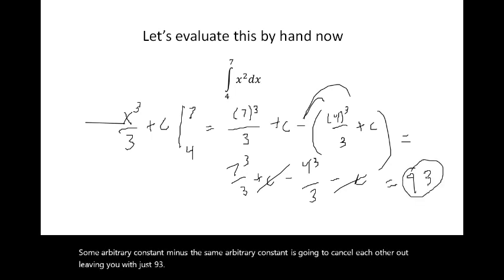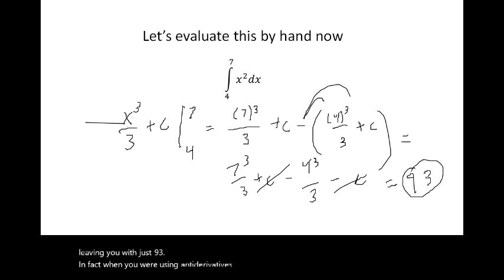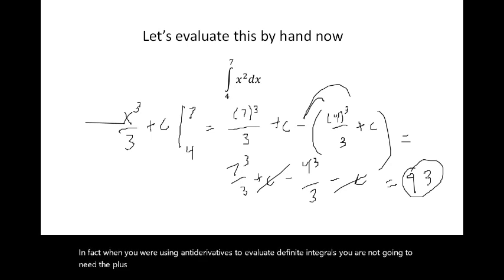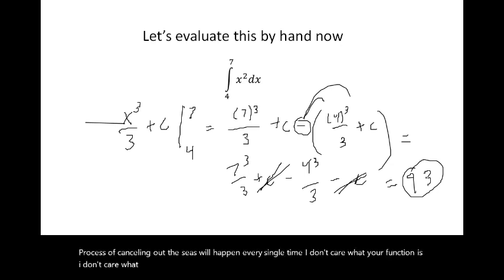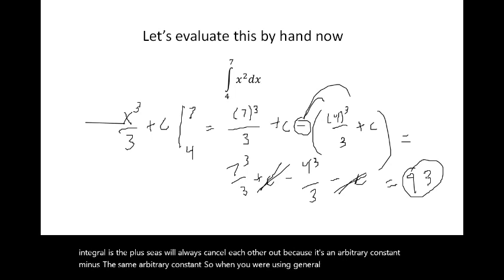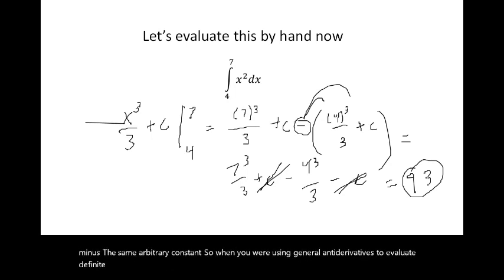In fact, when you are using antiderivatives to evaluate definite integrals, you are not going to need the plus c, because these are always going to be subtracted, so this process of canceling out the c's will happen every single time. I don't care what your function is. I don't care what your definite integral is. The plus c's will always cancel each other out because it's an arbitrary constant minus the same arbitrary constant. So when you are using general antiderivatives to evaluate definite integrals, you don't even need the plus c. You can just ignore it because they're going to cancel each other out anyway.